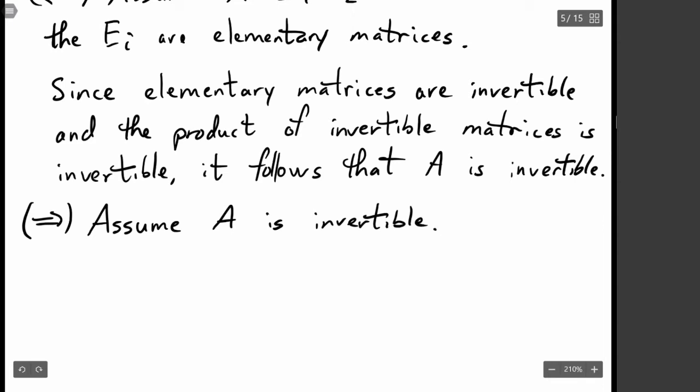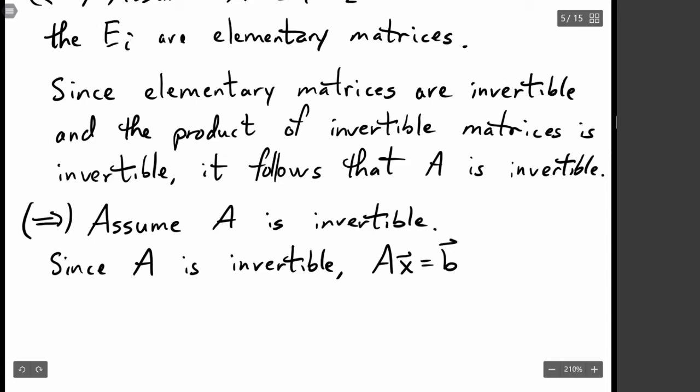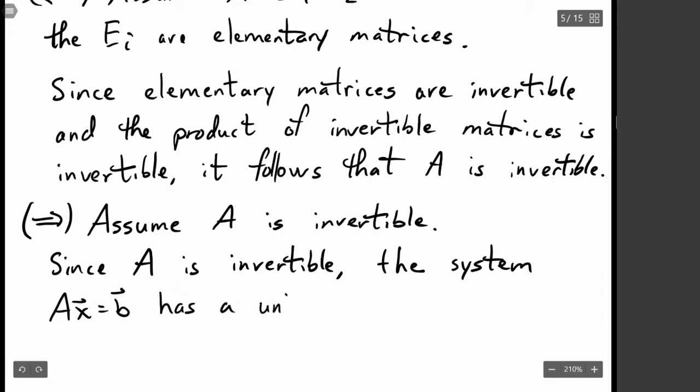Okay, so since A is invertible, the system AX equals B has a unique solution.